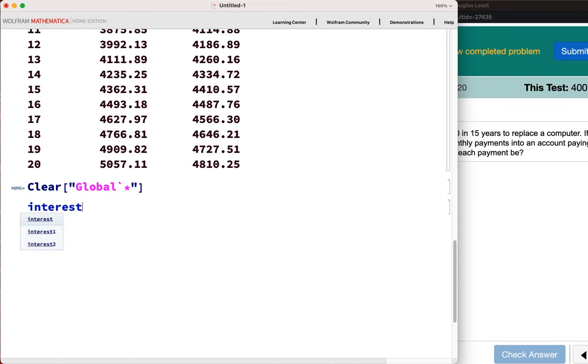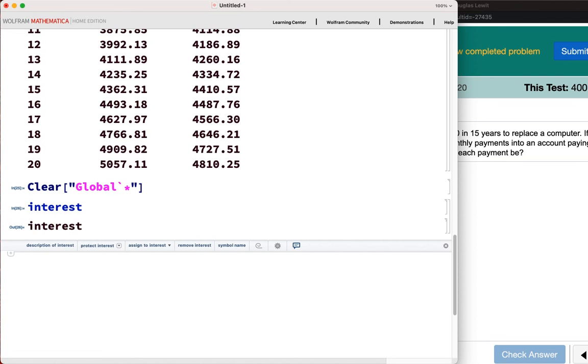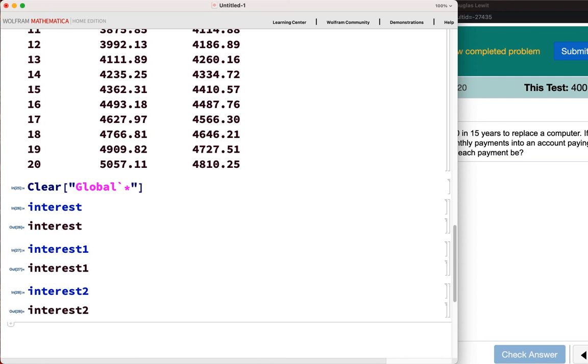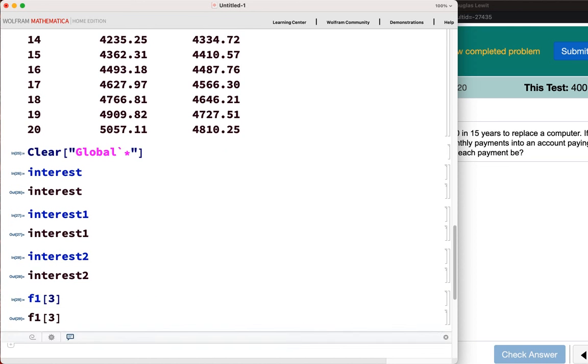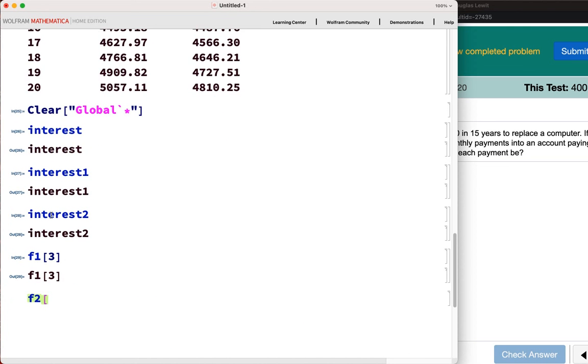So now interest doesn't have any specific value. Interest 1, interest 2. Okay, so F1 of 3, F2 of 5. So all of these definitions have been undefined, and I can start over again from scratch.